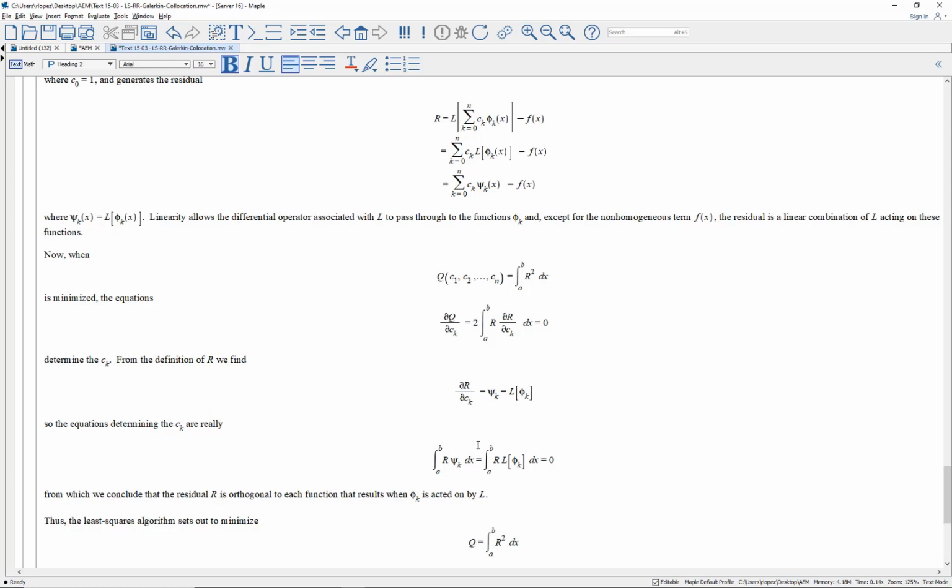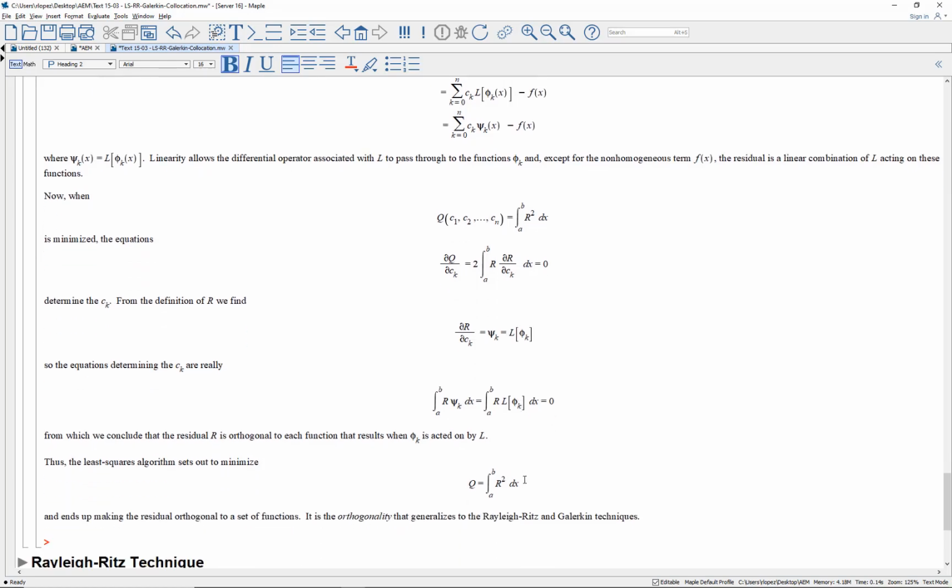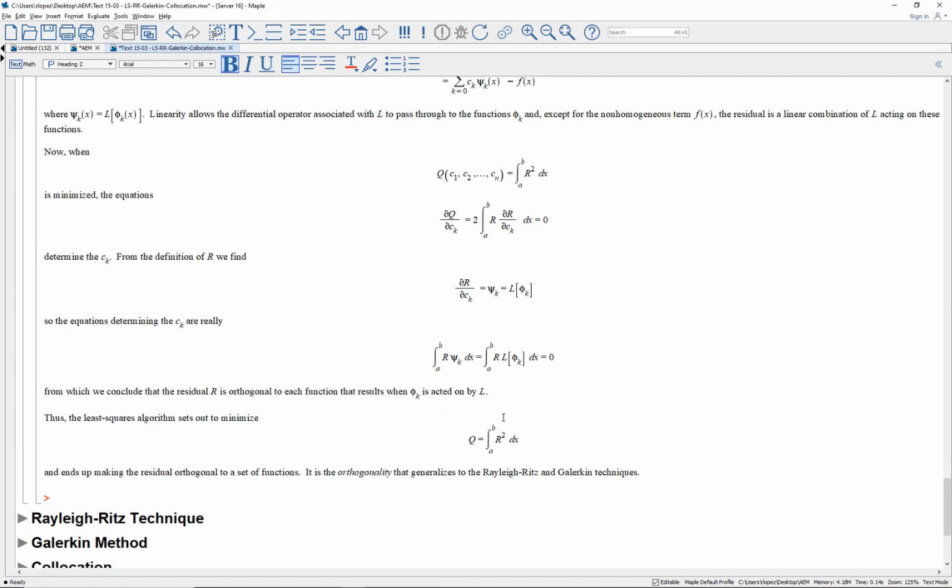So the conditions for minimization are these integrals r against psi k. That's an orthogonality condition. We are making r orthogonal to the psi k's, which are actually L acting on phi k. So the secret here is orthogonality.